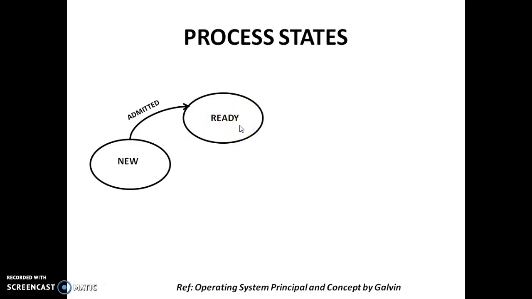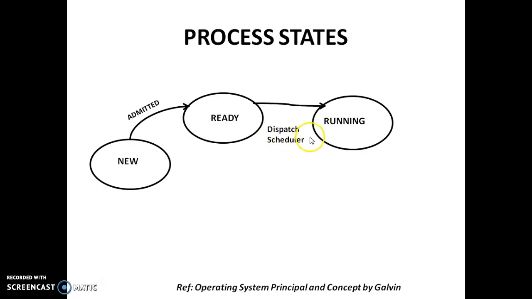Once a process in the ready state wants the processor for execution, if the processor is available, then the dispatch scheduler schedules it into the running state. If everything goes according to plan, all the resources are available, and the process executes effectively, then it completes its execution.